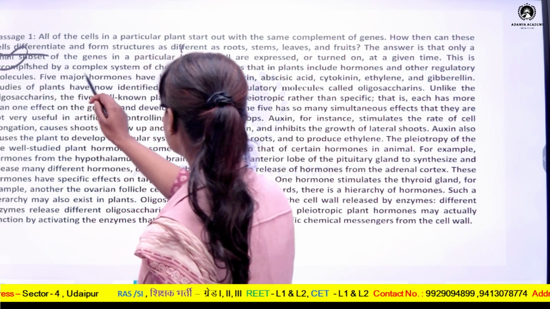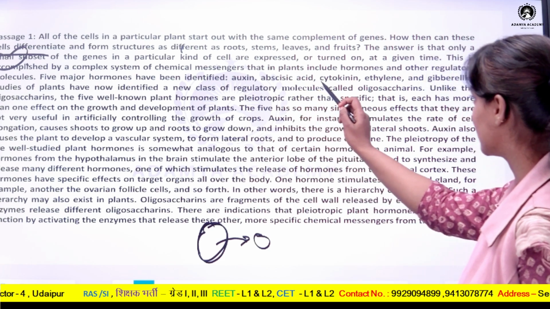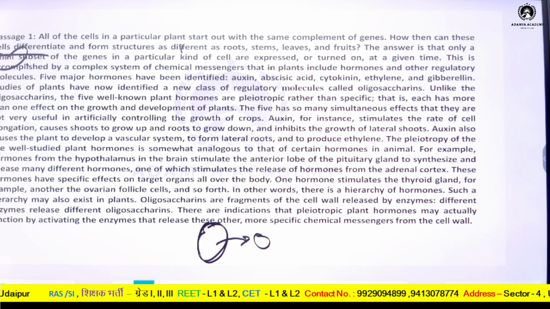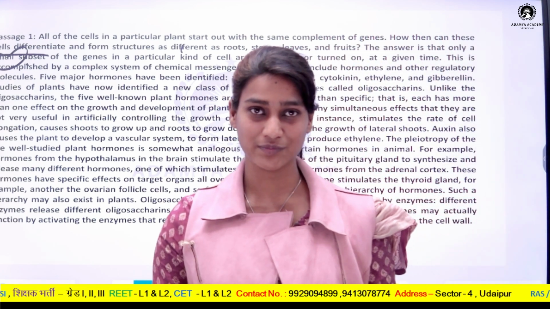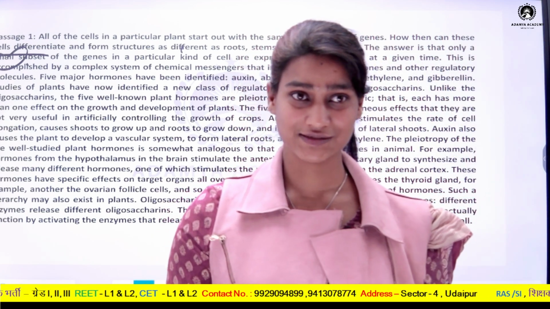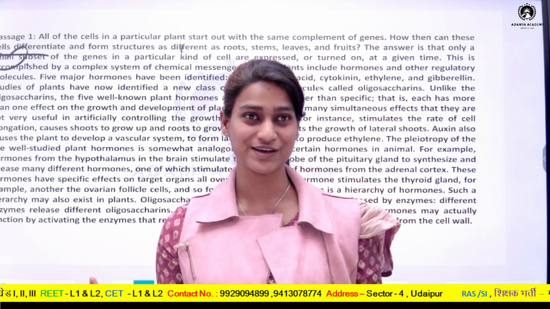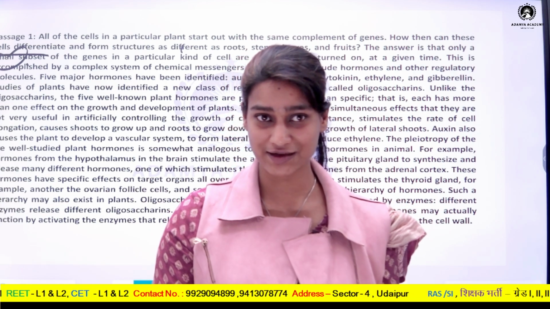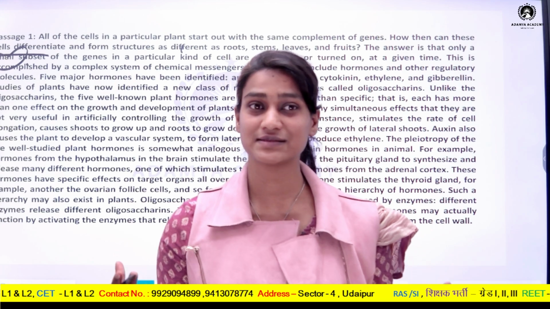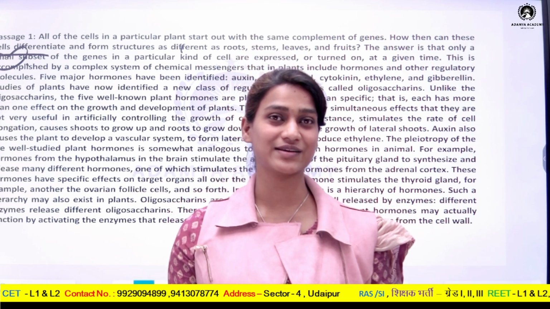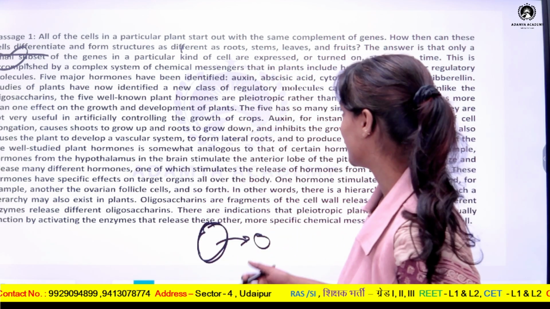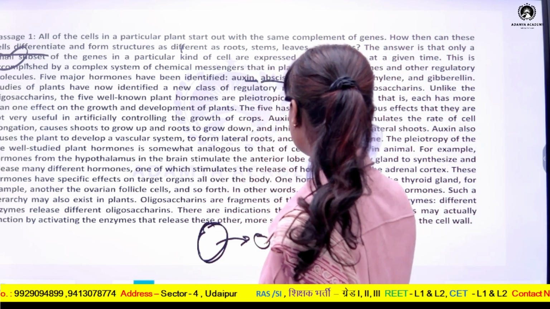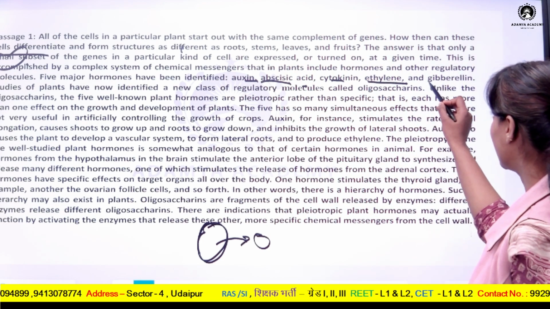This is accomplished by a complex system of chemical messengers that in plants include hormones and other regulatory molecules. Like we have hormones in our body, similarly plants also have hormones. Here they have told about five basic types of hormones present in plants: auxin, abscisic acid, cytokinin, ethylene and gibberellin.